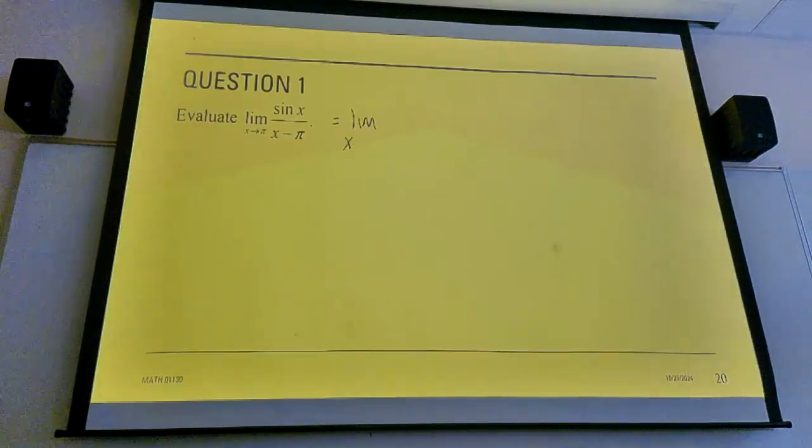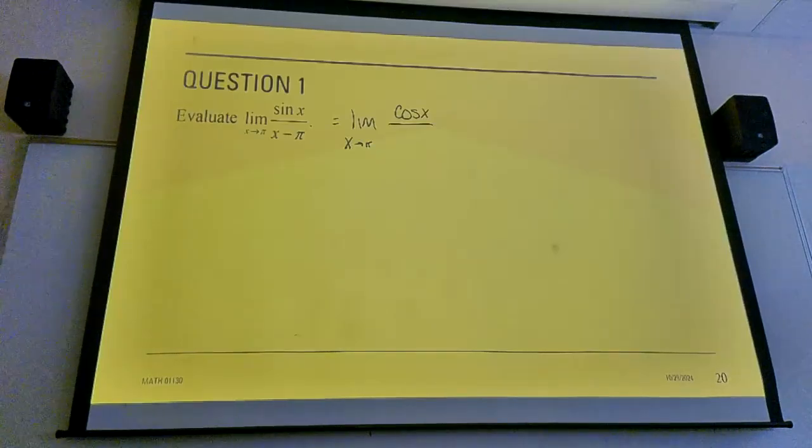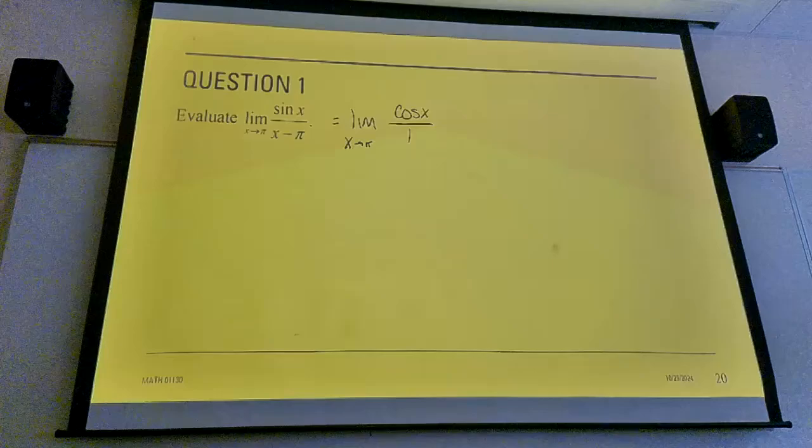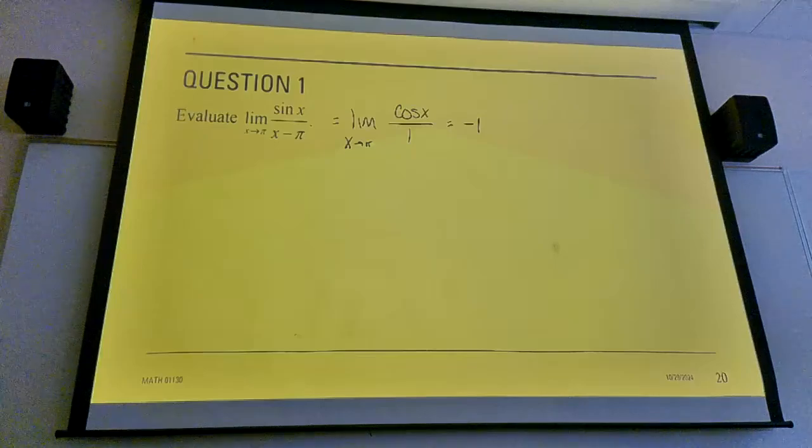What is the derivative of sine? What is the derivative of x minus pi? What's cosine of pi? -1. Limit's -1. That's L'Hopital's rule.